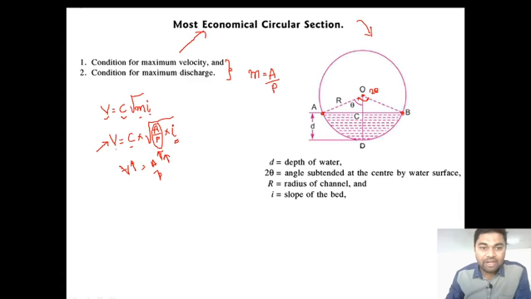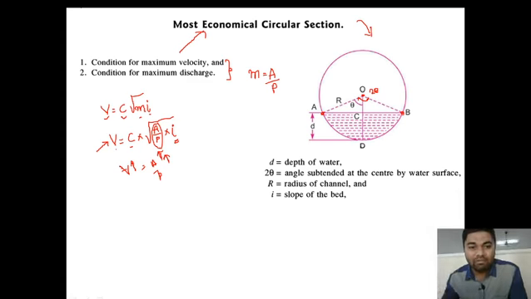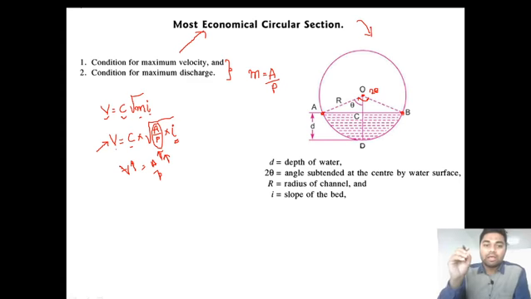So if we differentiate the value of A by P with respect to theta and equate it to 0, then the value of A by P becomes maximum.